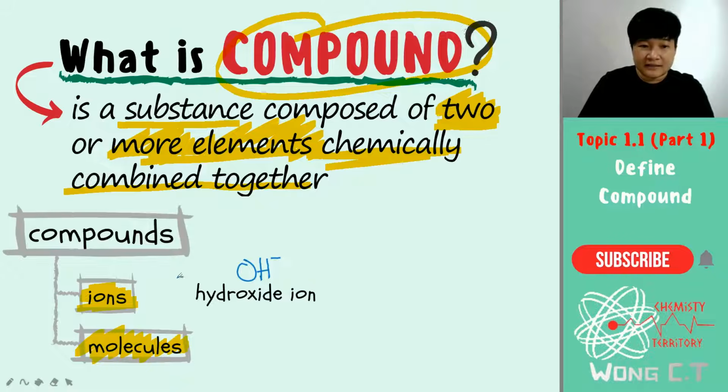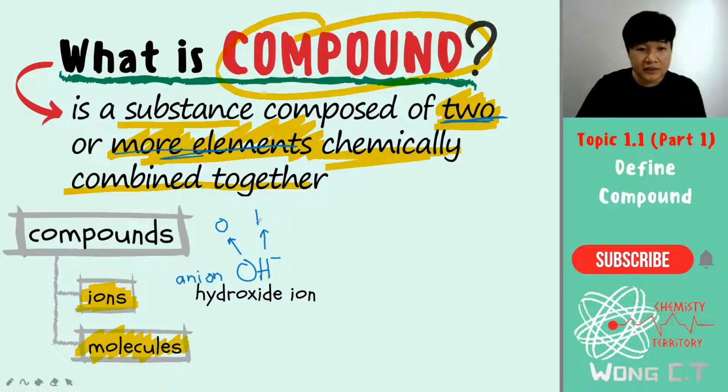Therefore, this is an anion. It's your negative charge ion. Okay? And why do I say it's a compound? Because you have oxygen combined with hydrogen. So you have two different elements that combine together chemically and form OH- an ion. Another example, you have your sulfate ion, SO4 2-.